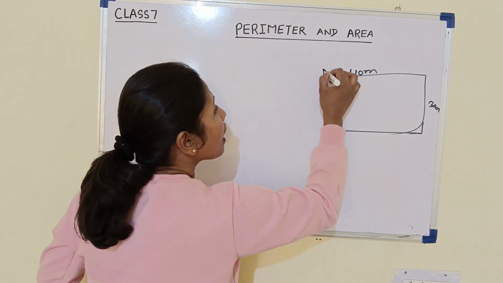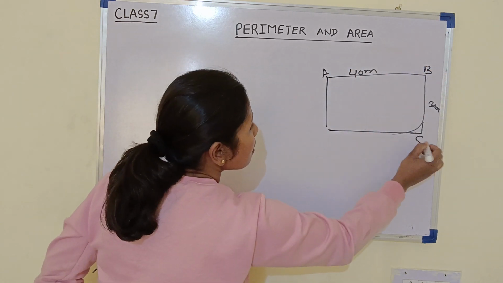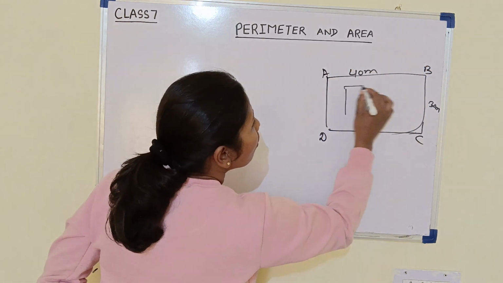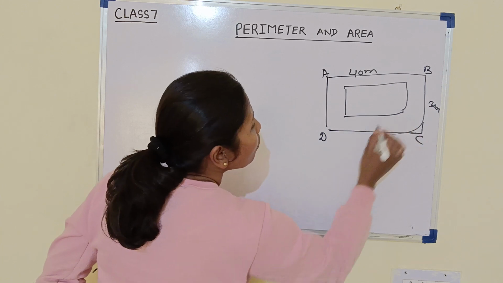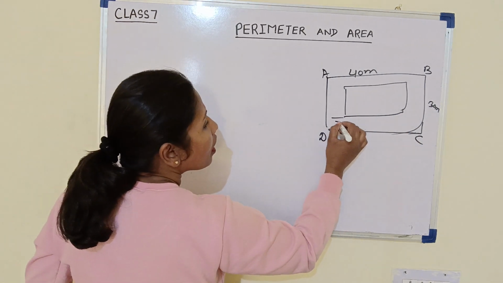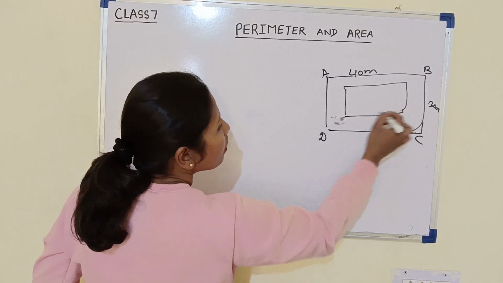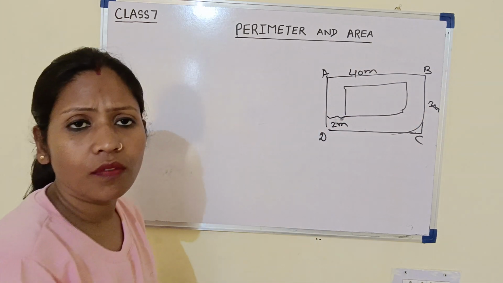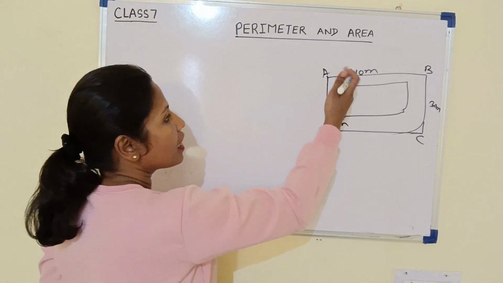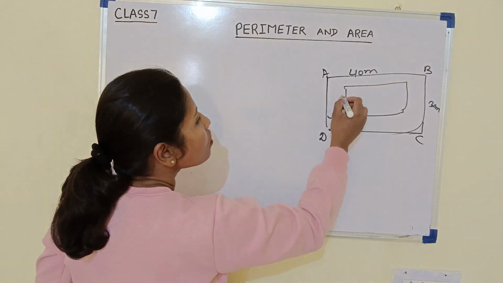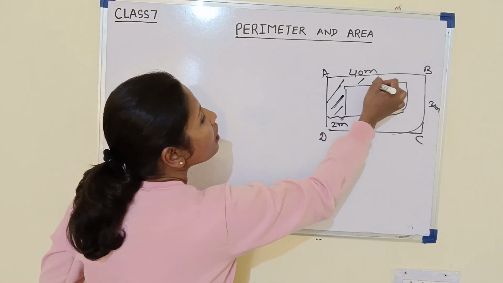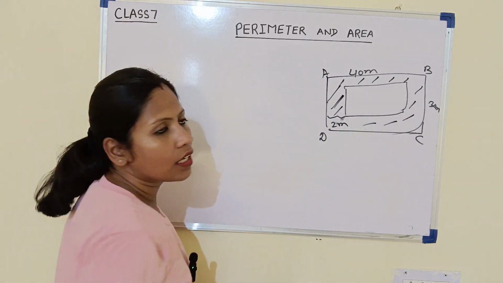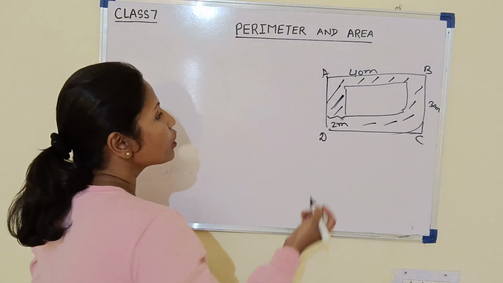Same like I'll take A, B, C, D, and there is a path of 2 meter wide. 2 meter यहाँ पे है, 2 meter इधर है, ठीक है। ये मतलब 2 meter है, चारों तरफ 2 meter wide है। ये इनसाइड है, ये पार्क है, इसका इनसाइड है। सो देन फाइंड द एरिया ऑफ पाथ। अब आपको पाथ का एरिया फाइंड करना है.